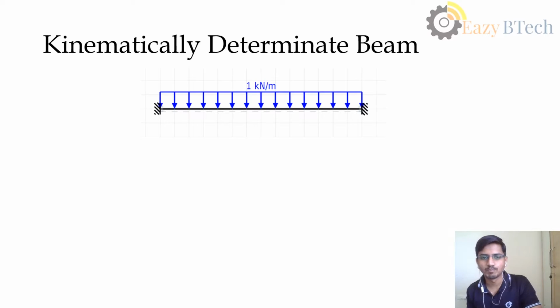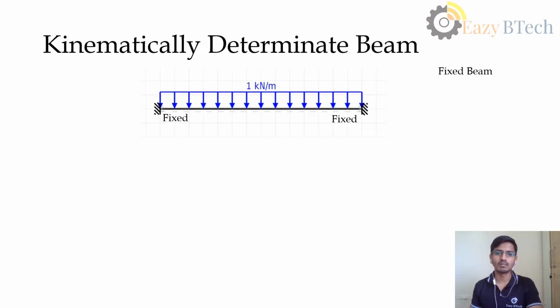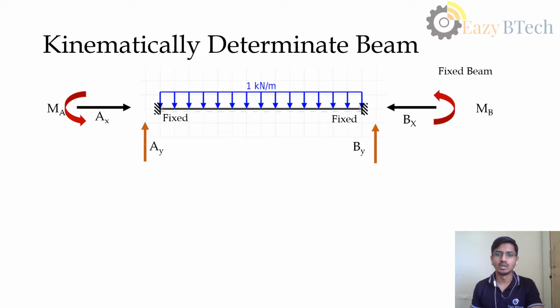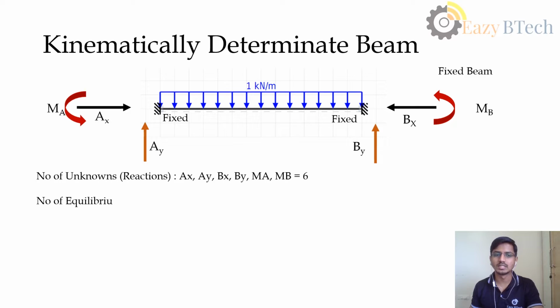Let us consider a fixed beam. We have already seen that a fixed end beam is one where both ends of the beam are fixed. So we get three reactions at one end and another three reactions at the other end. We have also seen in the first video that it is a statically indeterminate beam and the degree of static indeterminacy is 3.